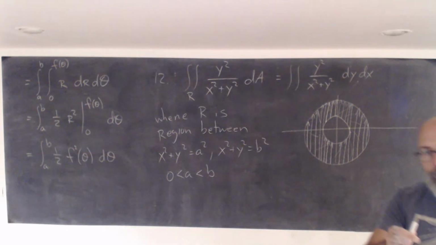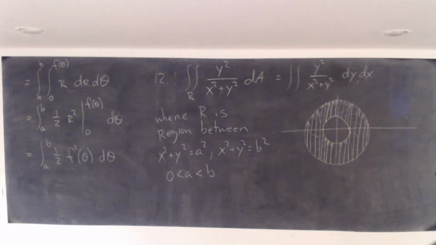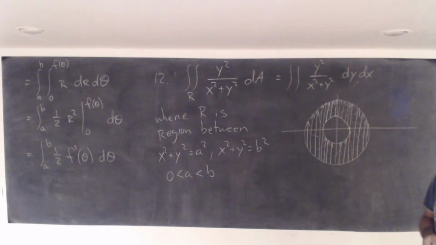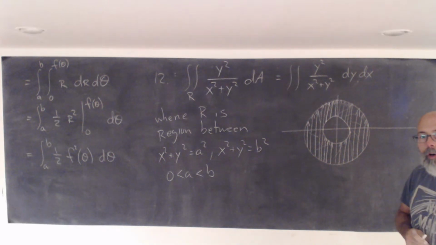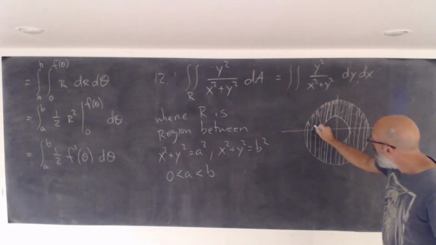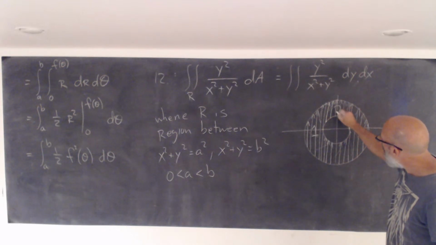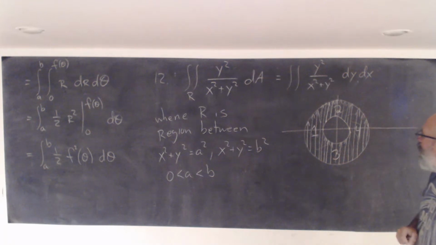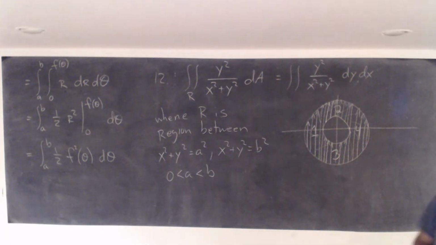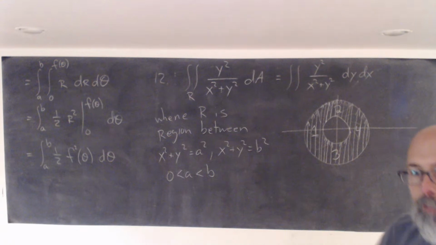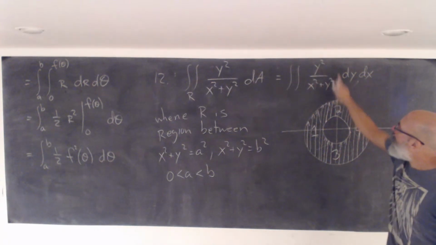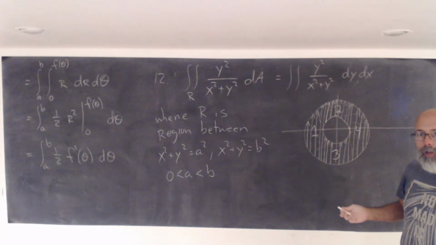So you understand what's really happening, right? If you want to integrate dy dx, you're going to have to split it up into 4 regions. This region, that region, that region, and this one right here. 4 pieces. And then look at the integrand itself. How do you integrate that?